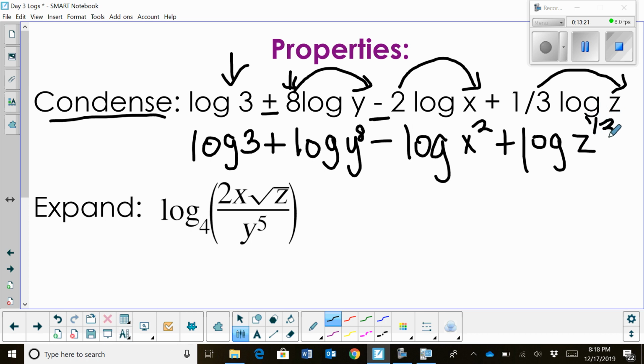Well, we know 1/3 is really just a cube root, but we're going to leave it as a 1/3 for now. Now, all addition becomes products, and all subtraction becomes quotients.